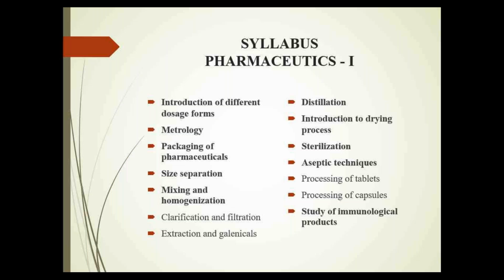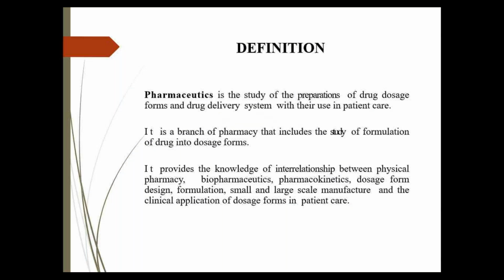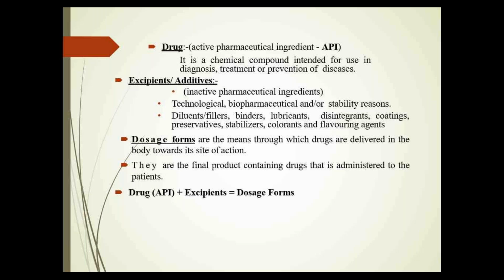So last time we saw the introduction of dosage forms, the various dosage forms, and the classification. I'll be going to the revision part. Before that, I just want to refresh what a drug was. Drug is nothing but an active pharmaceutical ingredient, API, remember?